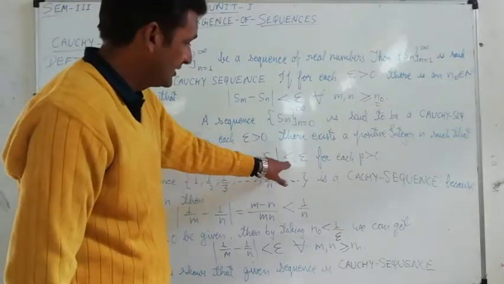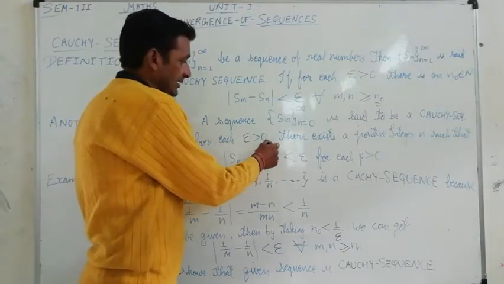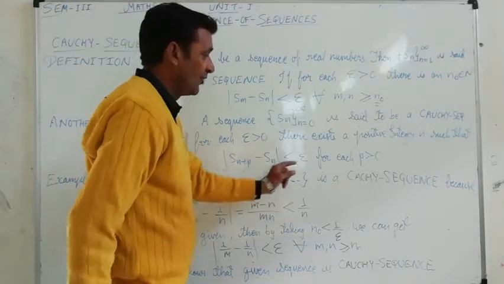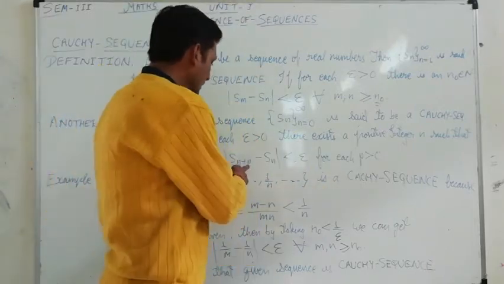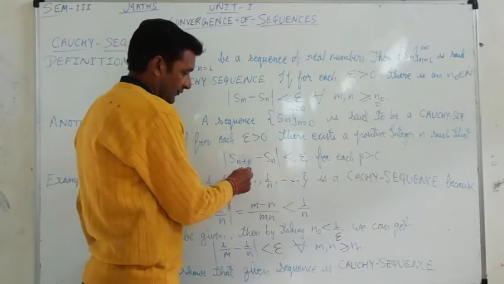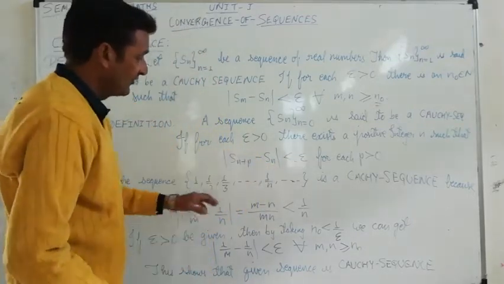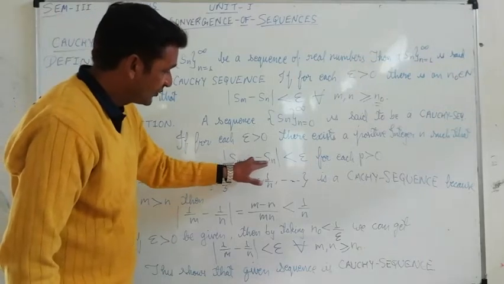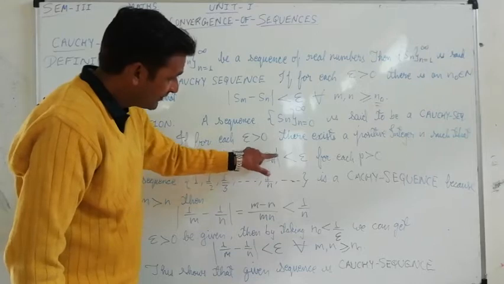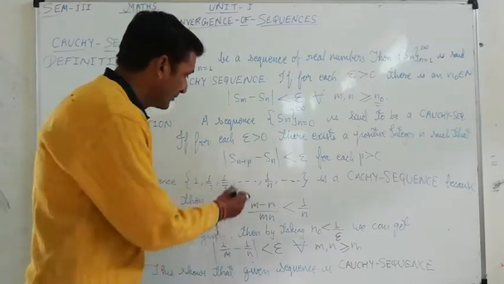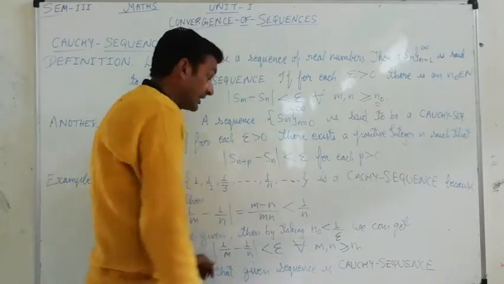for each p greater than 0. Here p is greater than 0, which means that the sequence Sn+p has more terms as compared to Sn, because here it is n plus p and p is greater than 0.